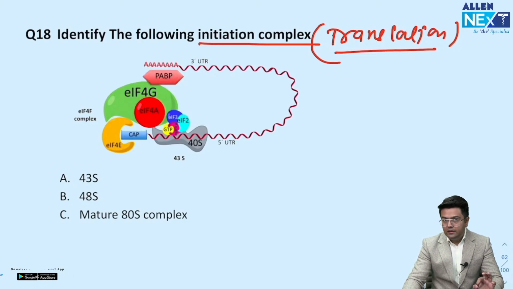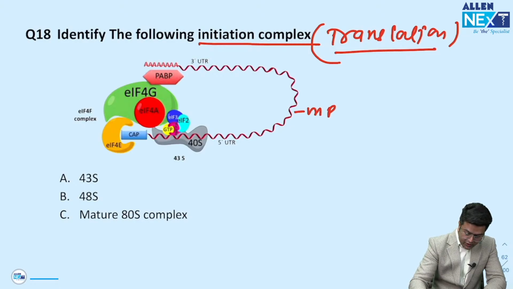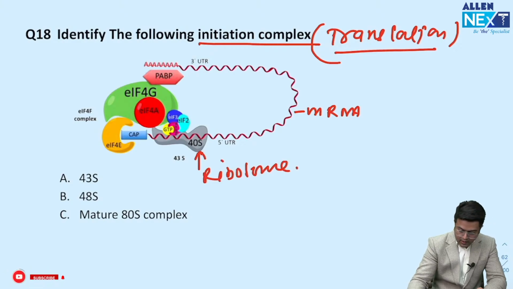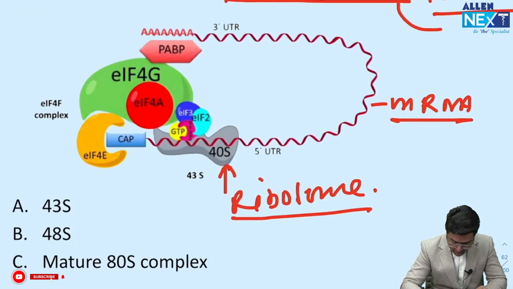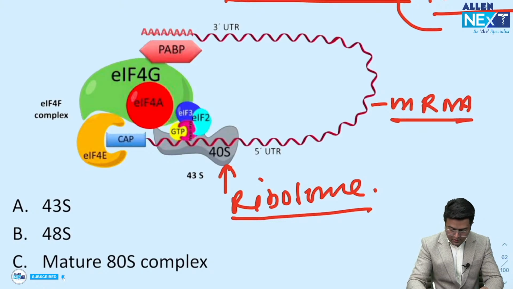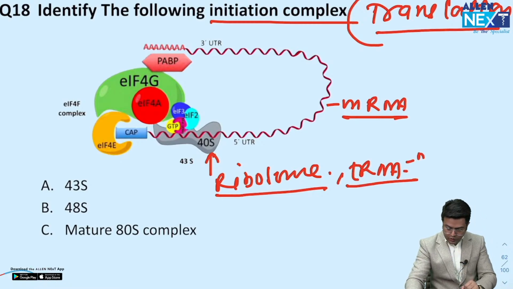So guys, if we look at the complex here, we have messenger RNA present here. Then we have the 40S subunit of ribosome present here. So mRNA plus ribosome, and the tRNA is not shown here clearly, but there is also the tRNA of methionine.